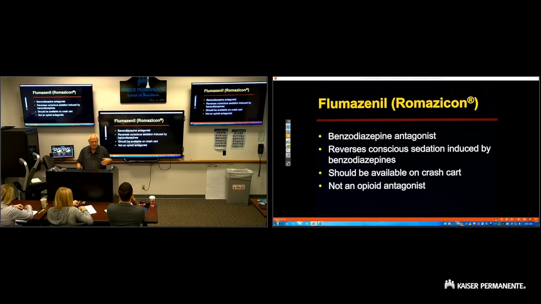It's a reversal agent, and rarely used, but it is around, and I just want to mention it. It's almost kind of a crash cart drug. Not really, but that's how often you use it.